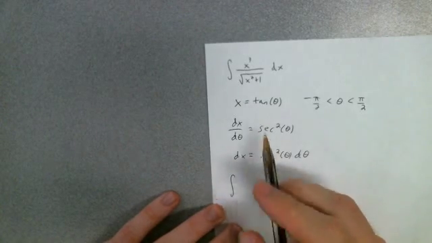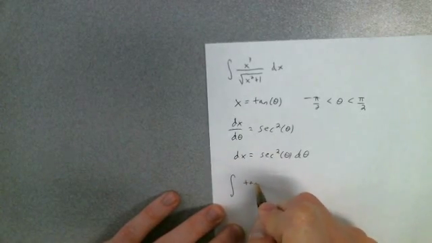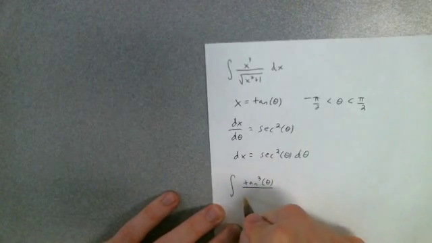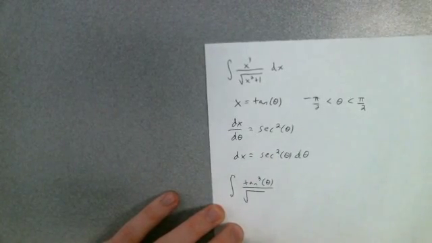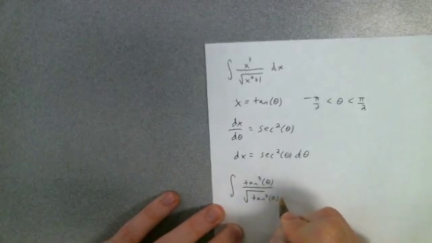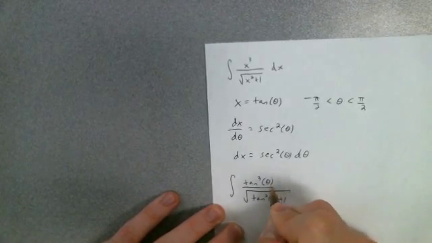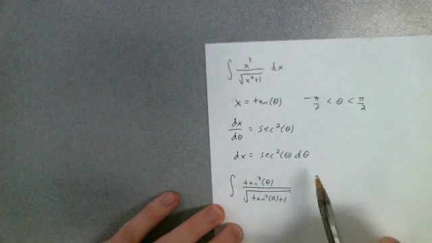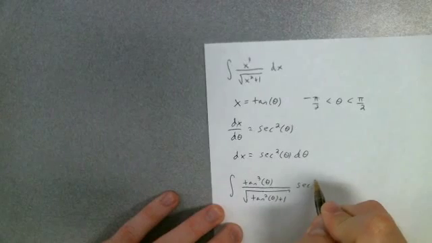So x, we're changing x to tangent theta. So the top is going to become tangent cubed. The bottom, x squared plus 1. We're replacing x with tangent theta, so we're going to have tangent squared plus 1. dx, we are changing dx to secant squared theta d theta.